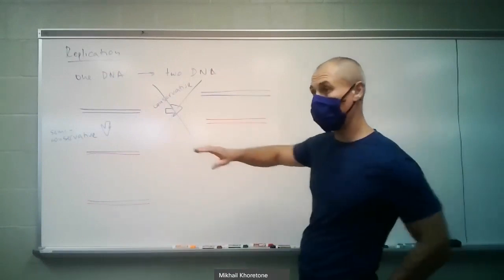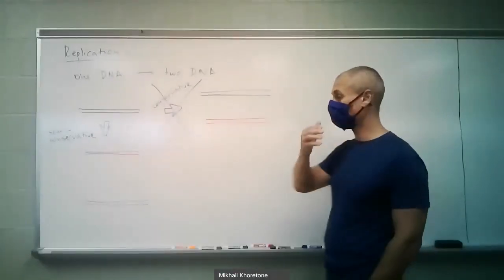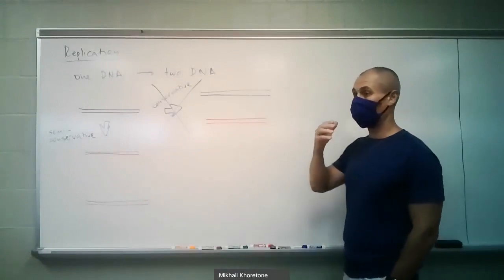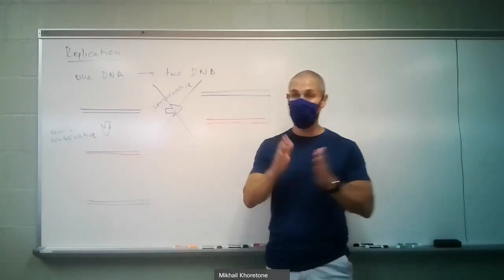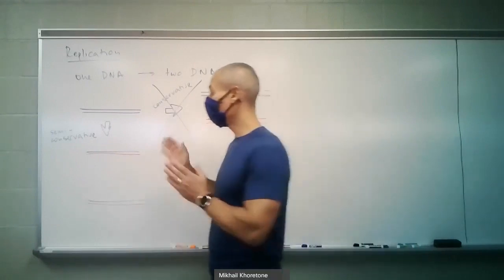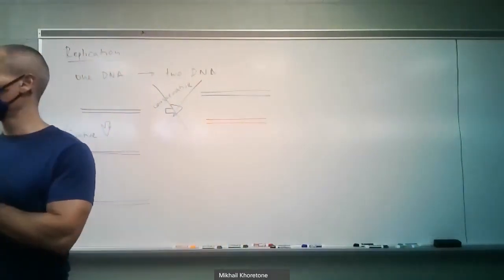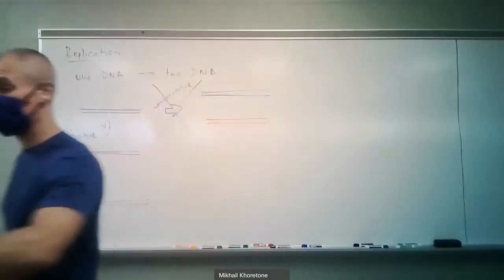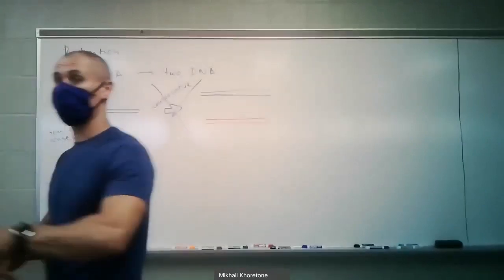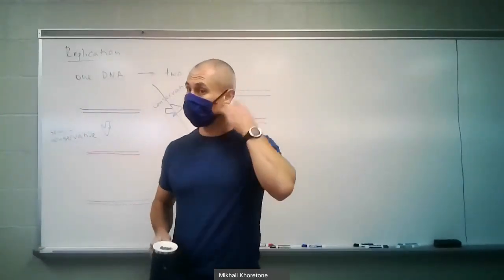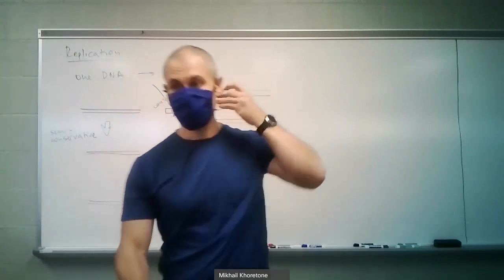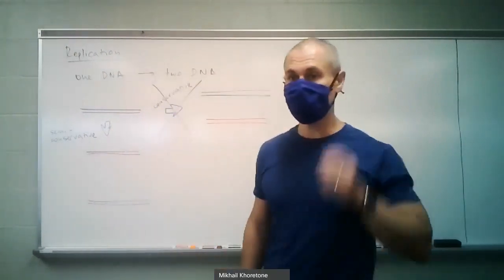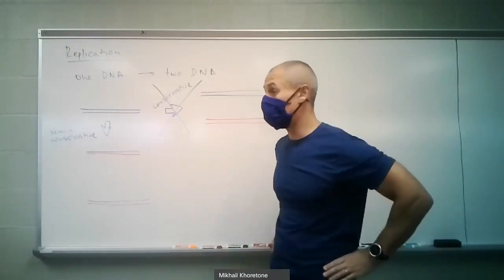So we basically figured out that to replicate the DNA, you need to separate two strands and copy each of the strands in a complementary manner. Does that make sense? So here is where complementarity comes into play.